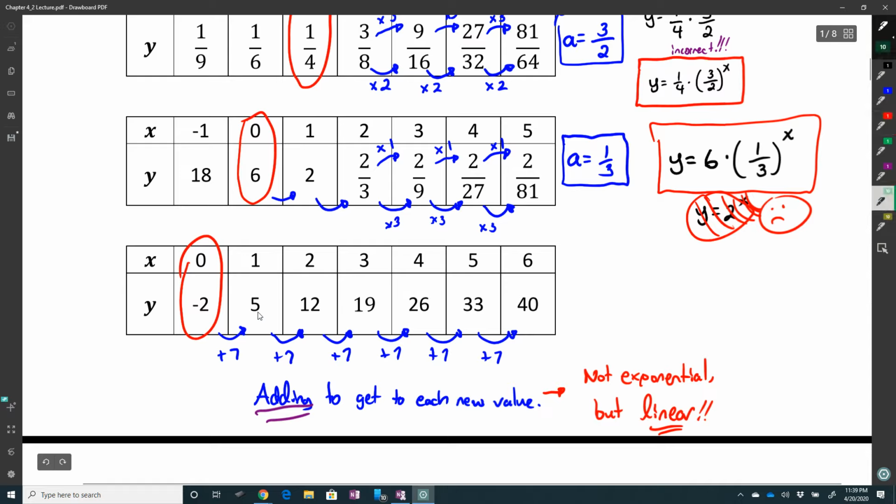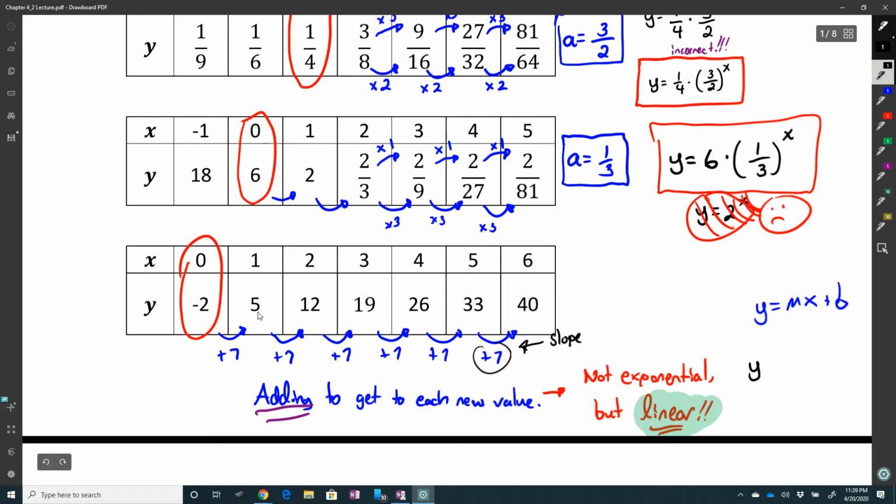And linear is just regular y equals mx plus b, where b is my y-intercept, and the slope, adding 7, adding 7, adding 7, that's just the slope.